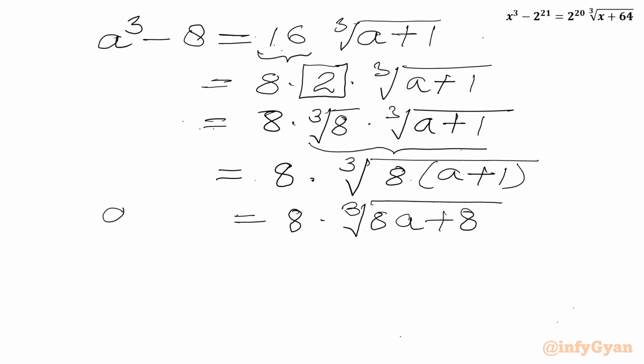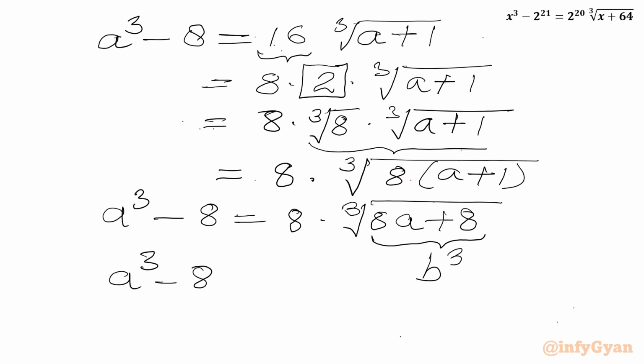Left hand side we will write a cube minus 8. Now let us consider this radicand 8a plus 8 equal to b cube. So I can write our equation as a cube minus 8 equal to 8 times cube root b cube. So it will become b.